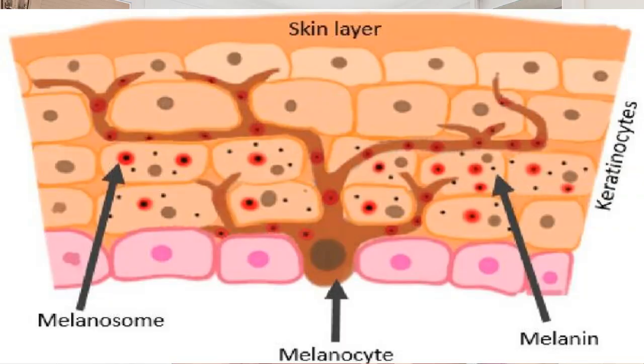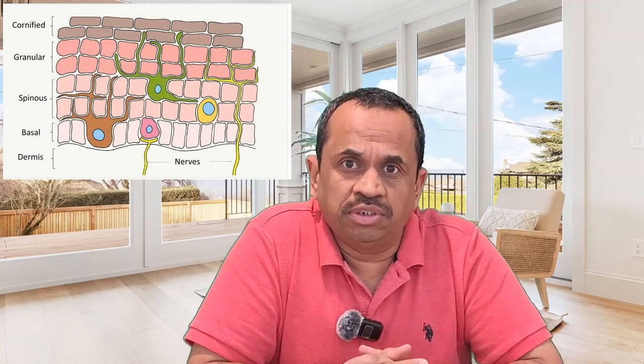The melanocytes, which contain melanin pigment and give color to our skin, also lie in this basal layer. The layer above the basal is called stratum spinosum.